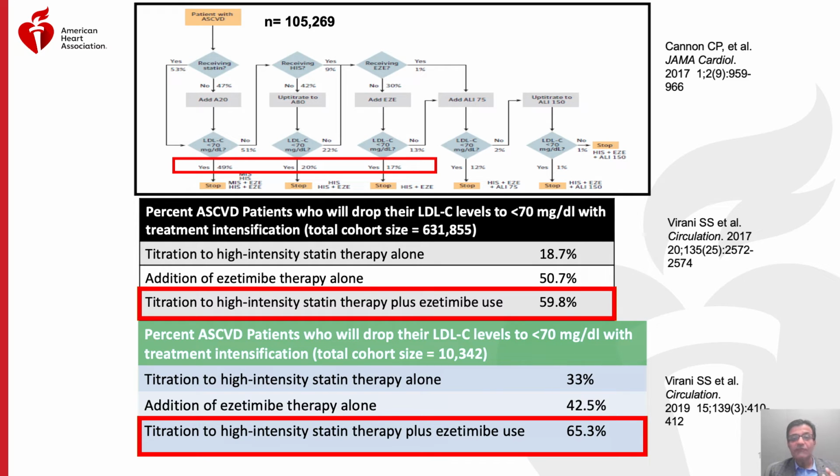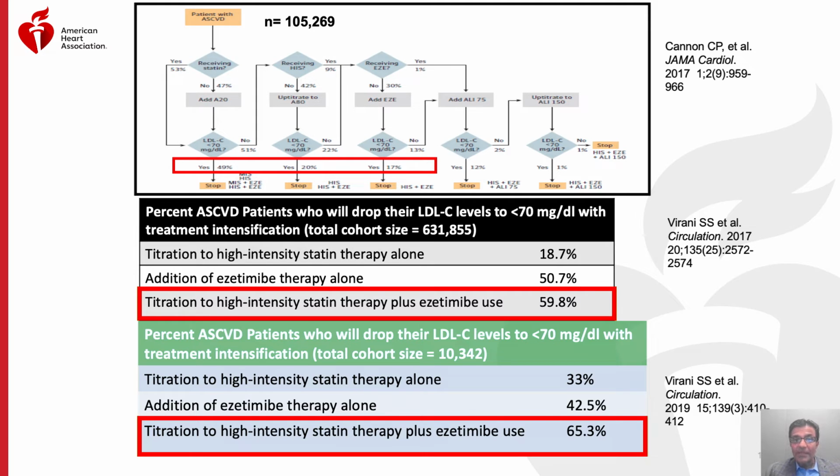Ezetimibe on average will give you 18 to 20% LDL cholesterol reduction on top of statin therapy. In IMPROVE-IT, this was about a 24% reduction in LDL cholesterol, but generally about 18 to 20% reduction can be expected from ezetimibe therapy, although individual response is different. But we would not know whether this patient is a good responder or not till we use this therapy.